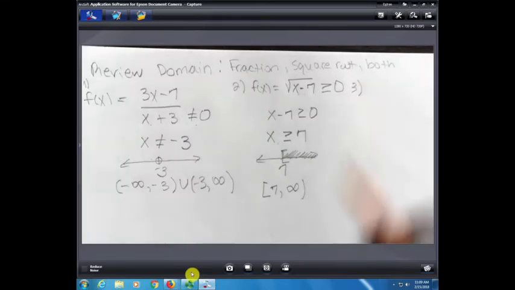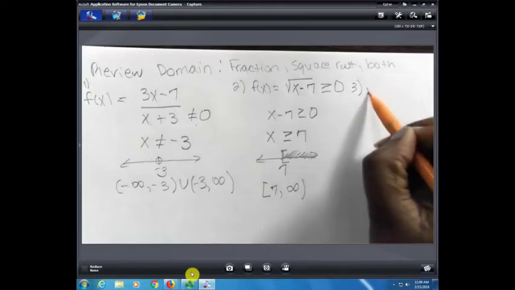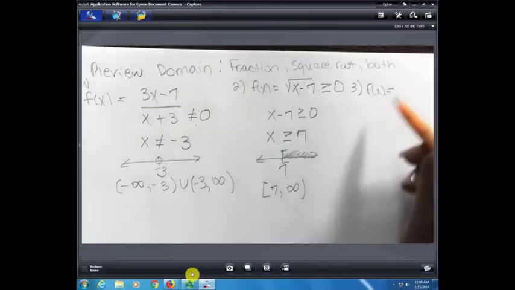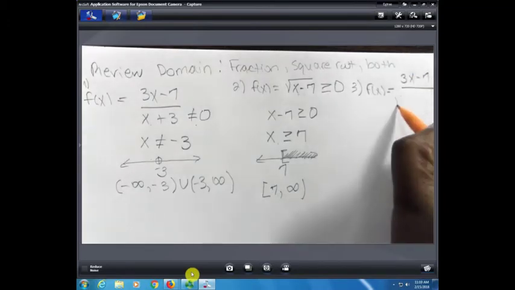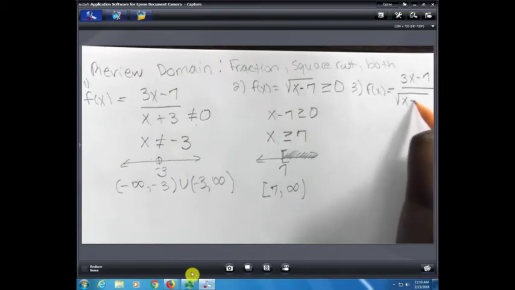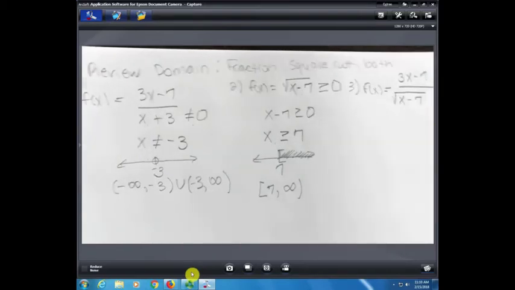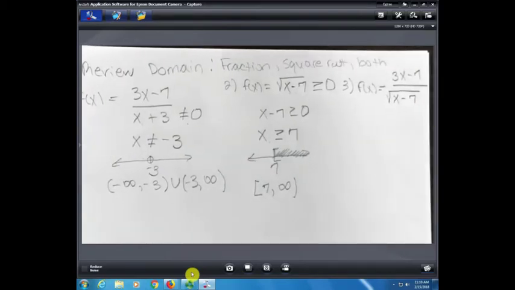Okay, let's look at 3. Alright, this one has a square root, and what else is it? A fraction. Yeah, it's a combination of both, square root and fraction.